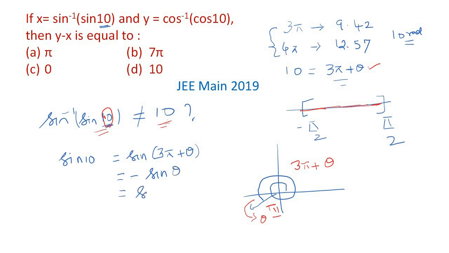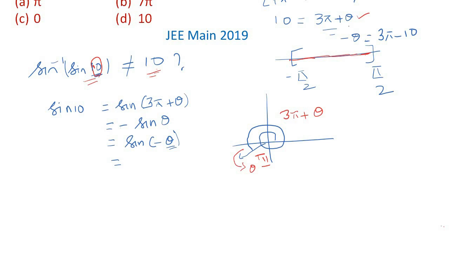Again this is sine of minus theta. Go back here. From this you get minus theta is equal to 3 pi minus 10. Therefore sine 10 is sine of 3 pi minus 10. Understood?